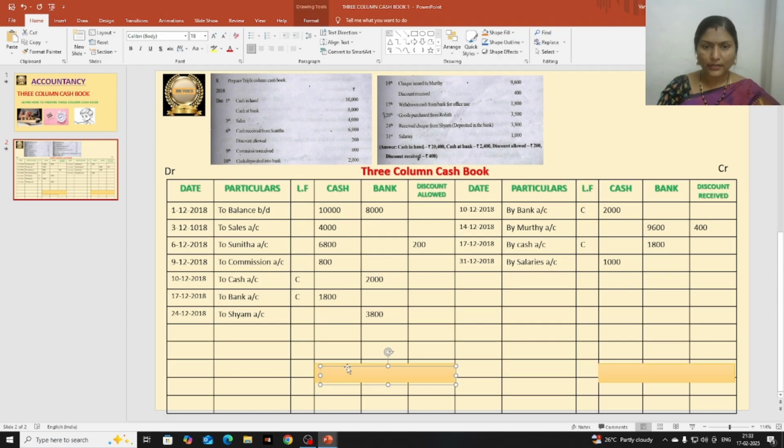Here I am going to write on the debit side 23,400.